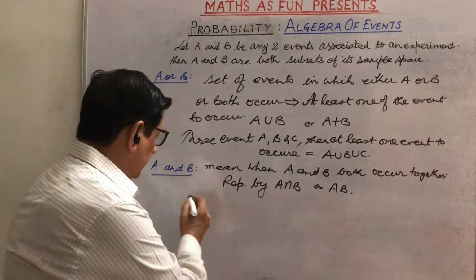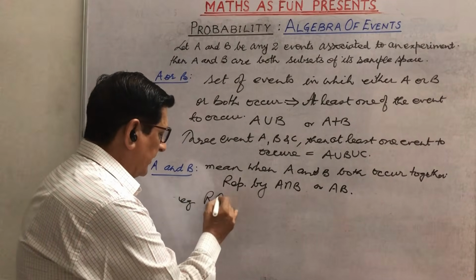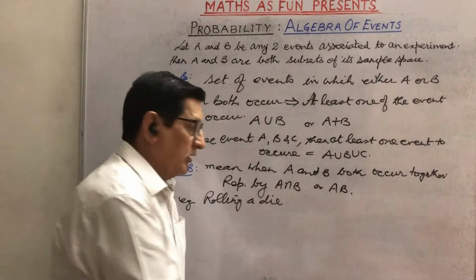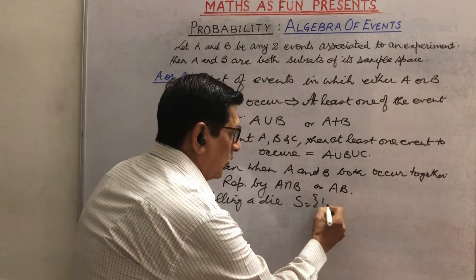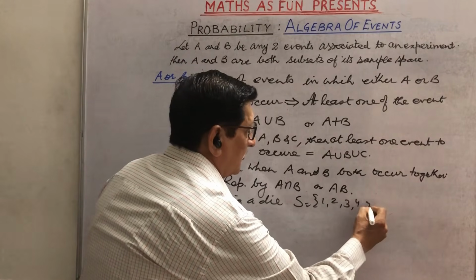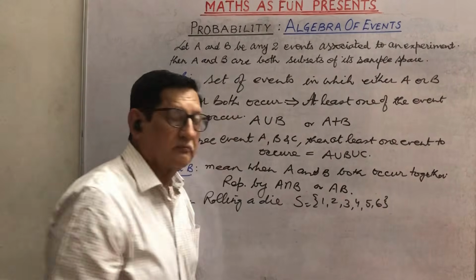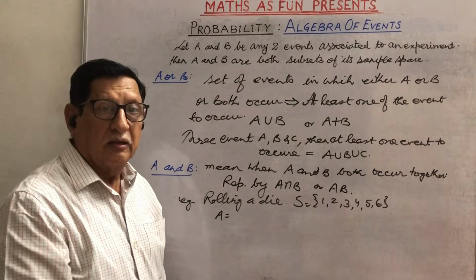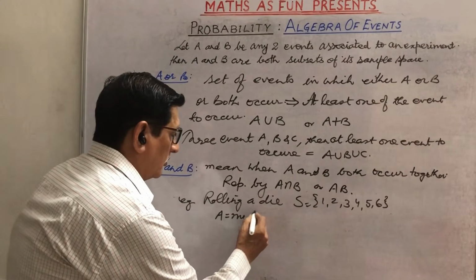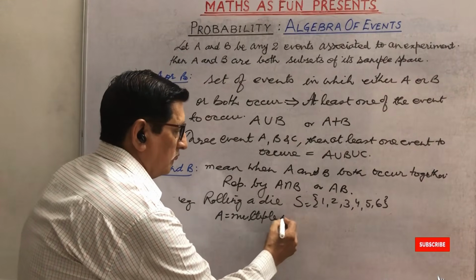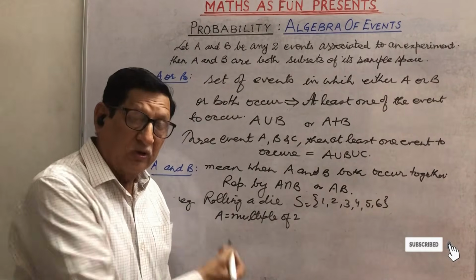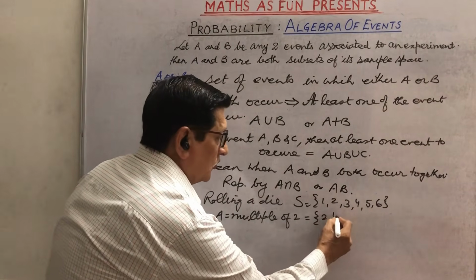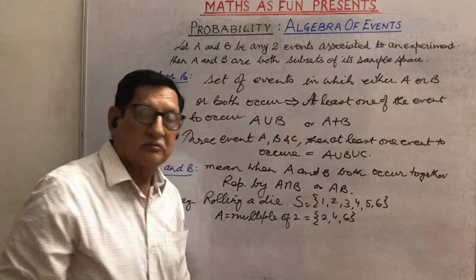We take an example, that is rolling a die. We know when we roll a die, the sample space is 1, 2, 3, 4, 5 and 6. Suppose A represents a multiple of 2. Then multiple of 2 means this will contain 2, 4 and 6.